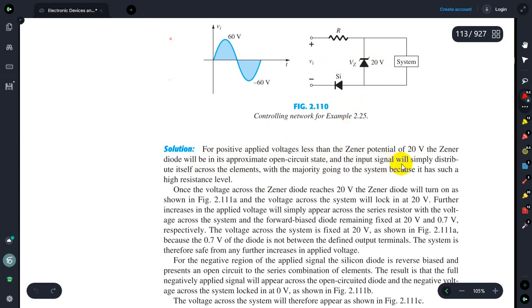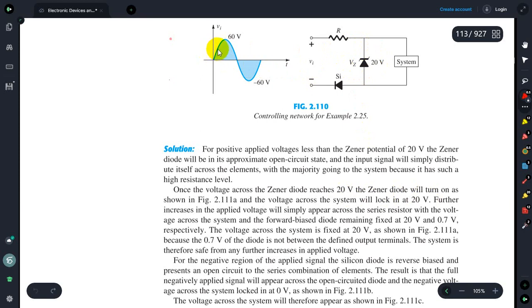The input signal will simply distribute itself across the elements, with the majority going to the system because it has such a high resistance level. Once the voltage across the zener diode reaches 20 volts, the zener diode will turn on. Look over here: when you increase the applied voltage Vi to less than 20 volts, it is in the off state.